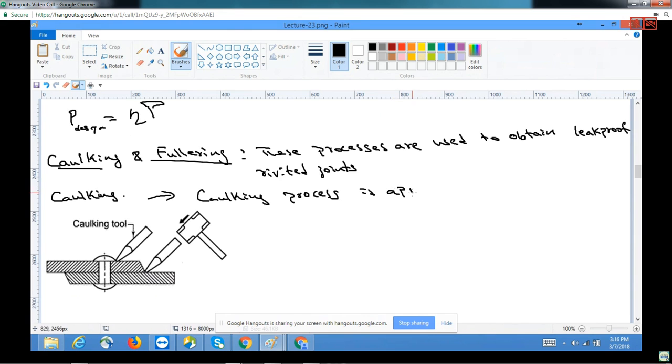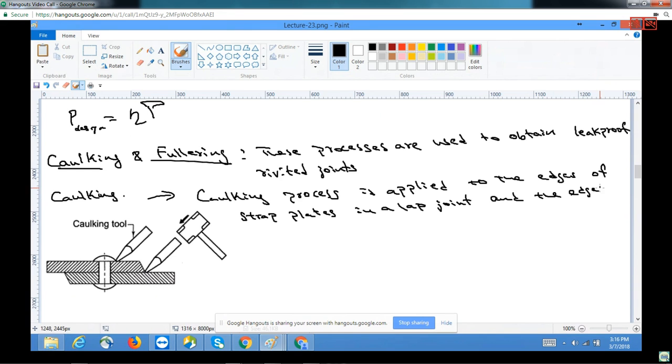is applied to the edges of strap plates in a lap joint and the edges, so the strap plate is in a butt joint, and edges of lap joints.